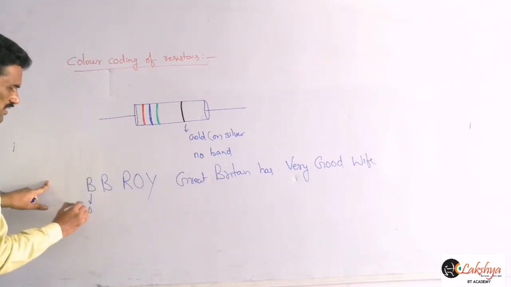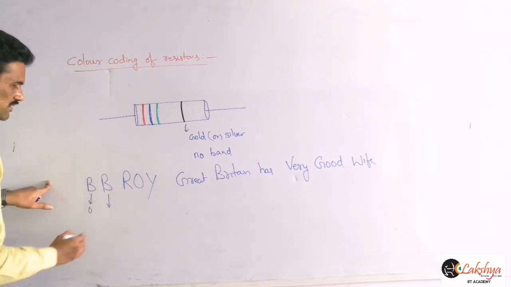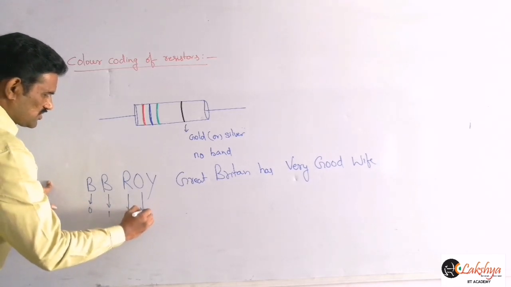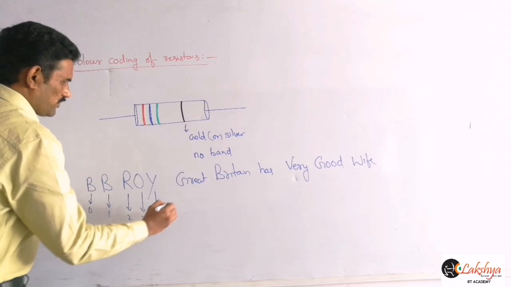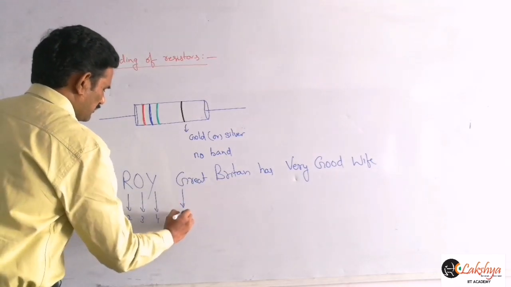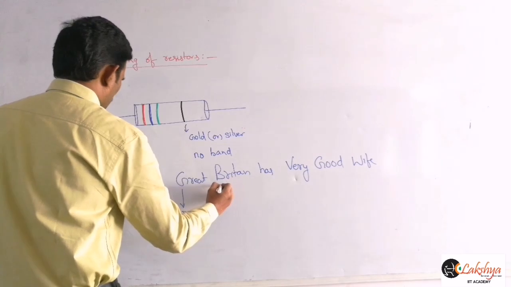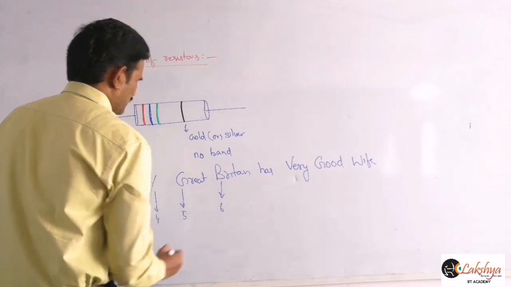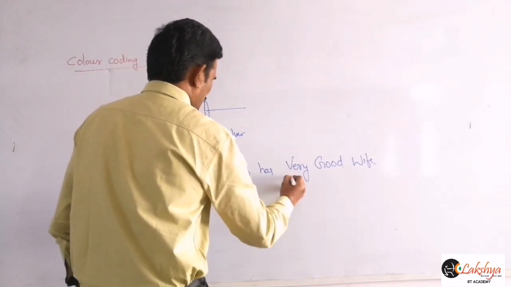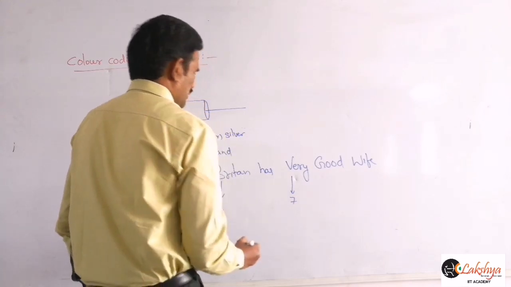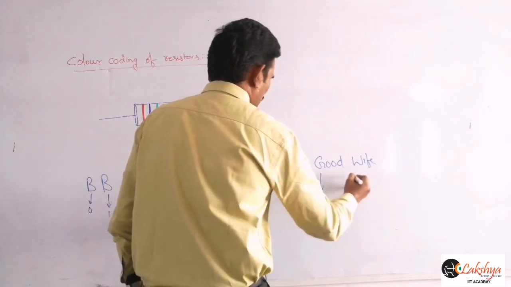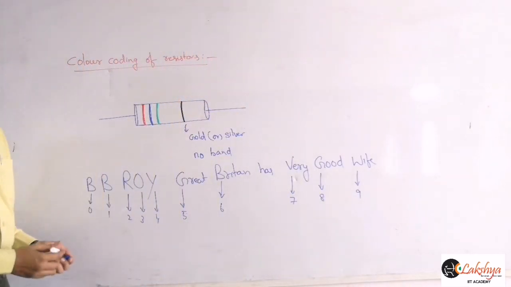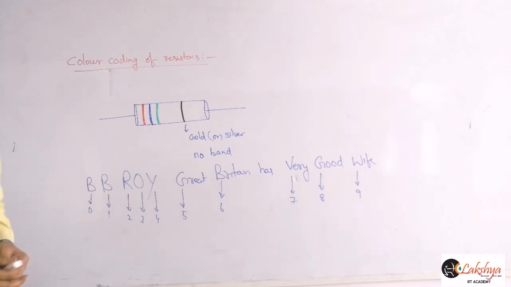This B means black, which value is taken as 0, and this is brown, that is 1, and this is red 2, orange 3, yellow 4, and this is green 5, and this is blue 6, and next is violet 7, and this is gray 8, and this is white 9. That is the representation of these colors.